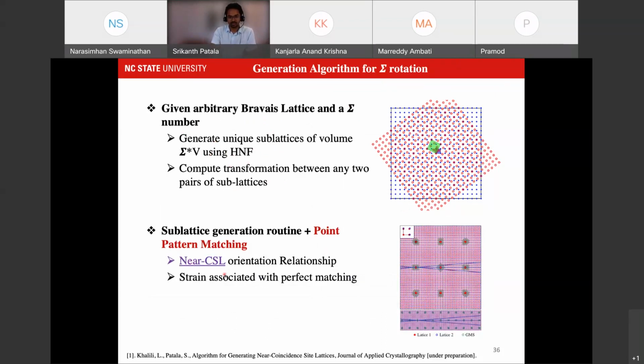So this technique now allows us to identify these orientation relationships that are important in material systems, and also gives a strain associated to result in perfect matching. This technique we are now using to generate grain boundaries in an automated manner for hexagonal crystal systems. But as I mentioned, the application goal is for general low symmetry crystal systems.